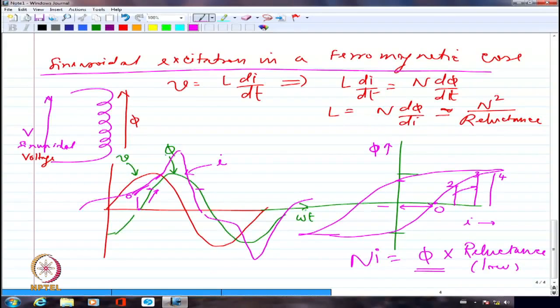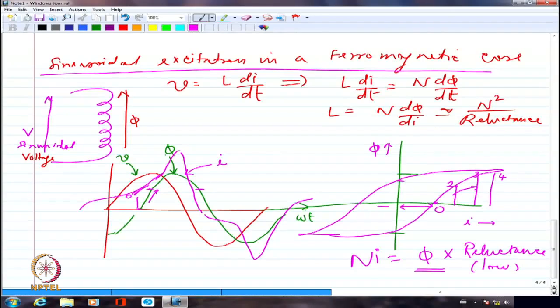Is that clear? Fine. So generally, when we represent a ferromagnetic core, we represent this by two specific parameters in its equivalent circuit. One is the current is actually lagging behind by certain angle, because of which we call this particular ferromagnetic core to be acting like an inductance.